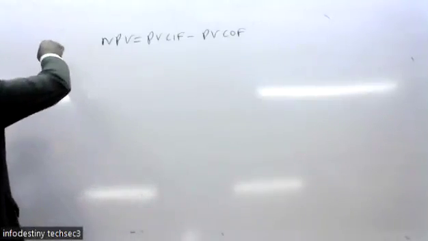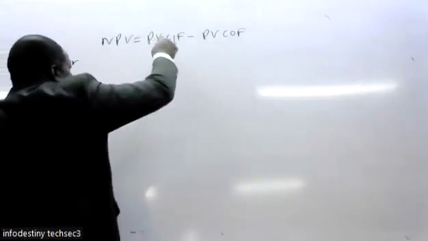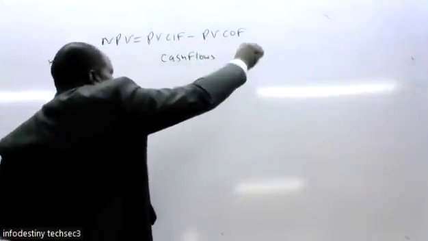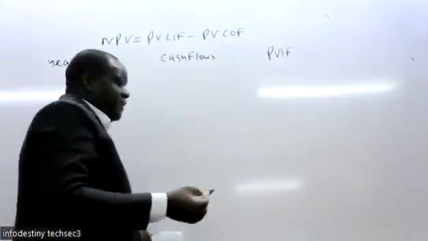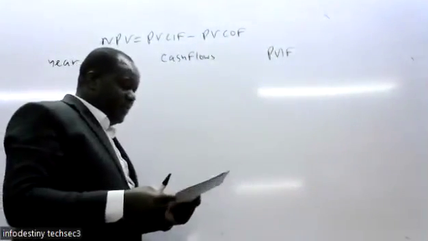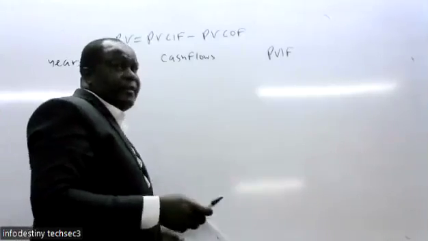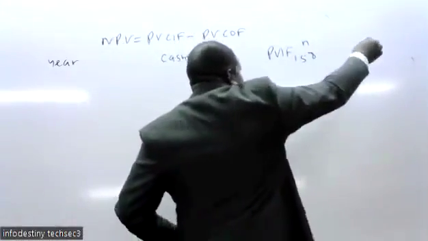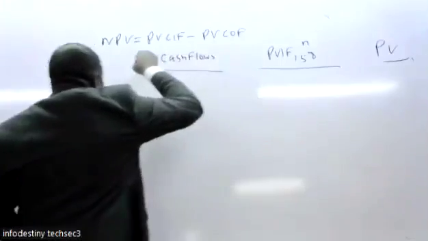So there is the year, cash flows, then present value interest factor. This time round, the cost of capital in note number 5 is 15%. So 15% each year, so that you will get the present value.